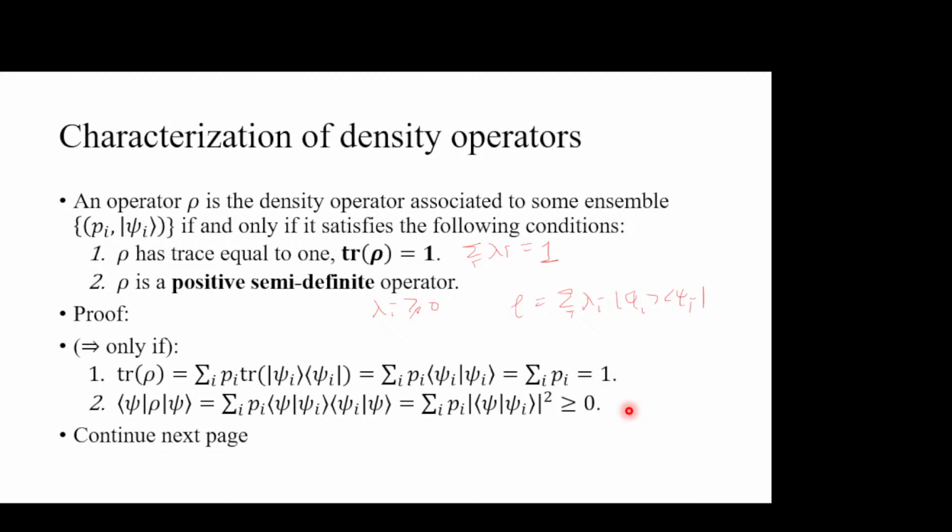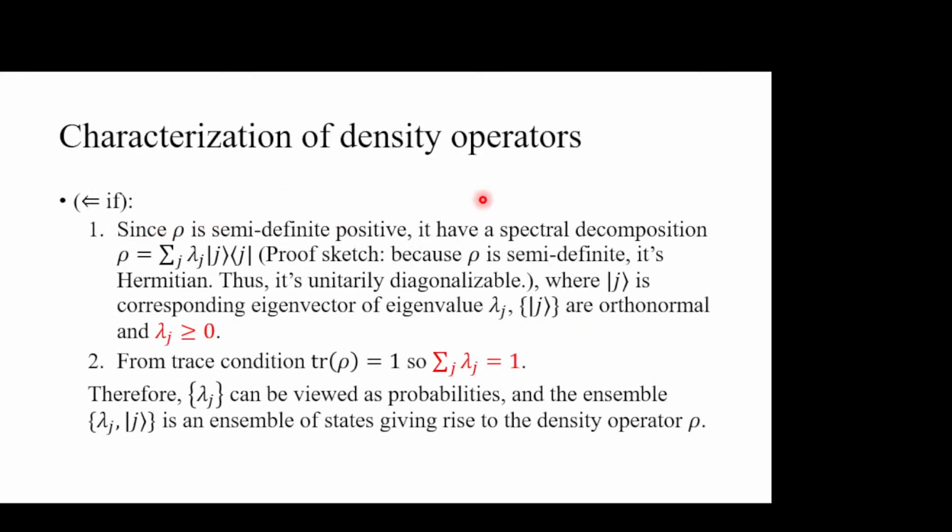And then for the next one, we already have the derivation here. The most important step is here. It says that if rho is PSD, then it has a spectral decomposition, rho equal to summation over j of lambda j, |j><j|. So |j> is the eigenvector corresponding to eigenvalue lambda j.